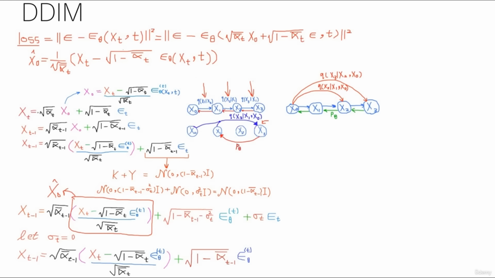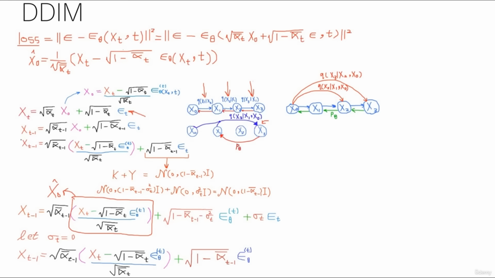The idea is easy. Based on the formula that we got after applying the reparameterization trick, xt is equal to the square root of alpha bar t times x0 plus the square root of 1 minus alpha bar t times epsilon t. Epsilon here is just a noise that we will get from the standard Gaussian distribution. Epsilon t is the same as epsilon t minus 1 and epsilon t minus 2 down to epsilon 0.